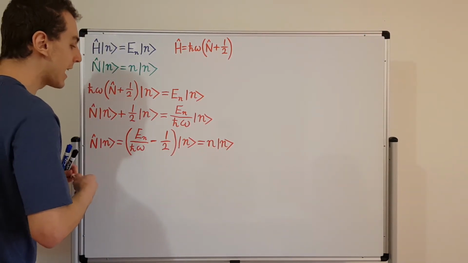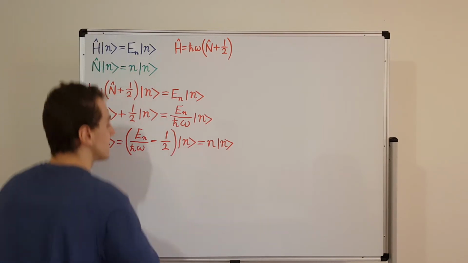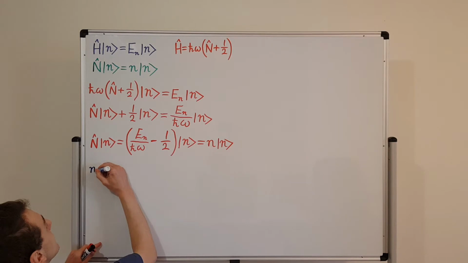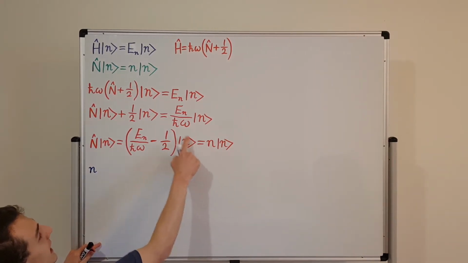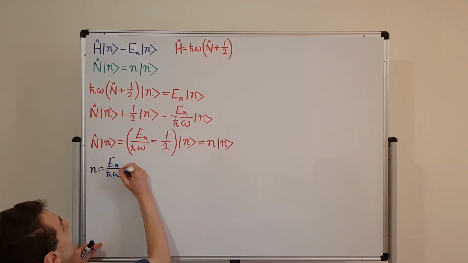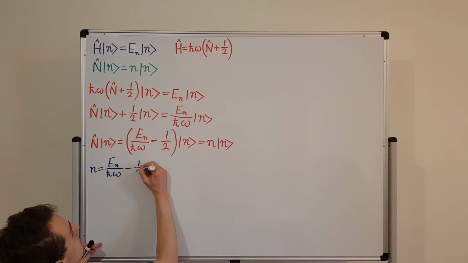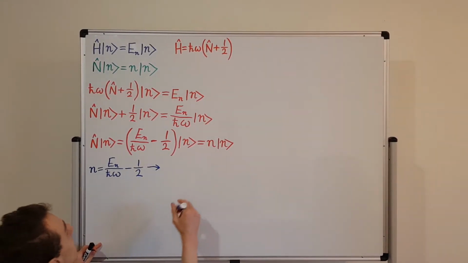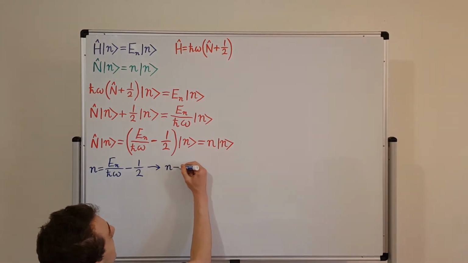So now what I have is, I'll write this in, let's pick a different color to distinguish this. We have n, this eigenvalue of the number operator, is equivalent to all of this. We have E n over h bar omega minus 1/2. And if I manipulate that slightly, that's going to give me n plus 1/2.